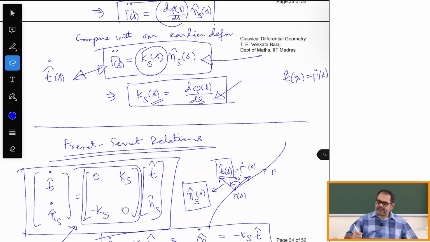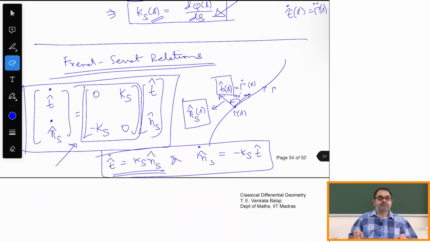Therefore T cap dot of s, mind you every dot is d by ds, will be capital gamma double dot of s. But that is equal to Ks Ns, and therefore this is automatic. So this we already have.